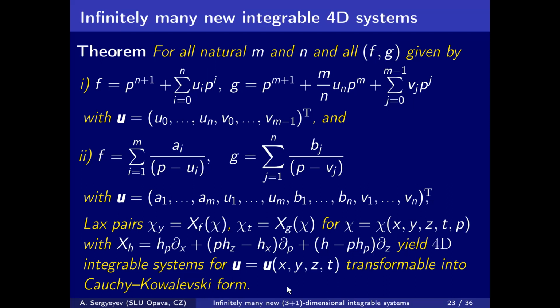Moreover, what is important is that these integrable systems are reasonable in the sense that they can be transformed into Cauchy-Kovalevsky form. So at the very least, this indicates that these systems are not overdetermined.